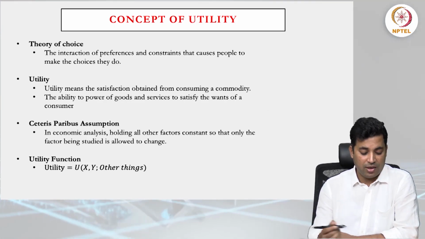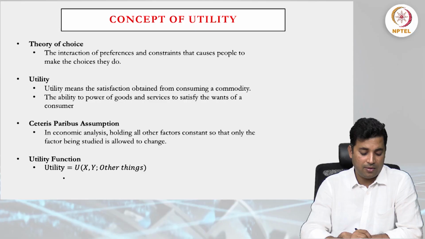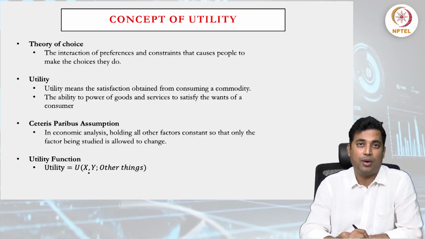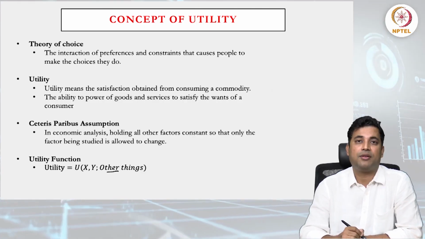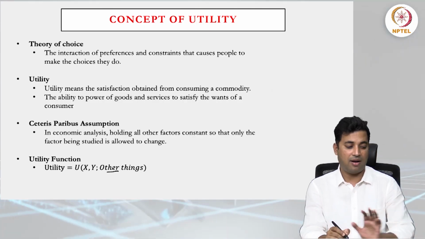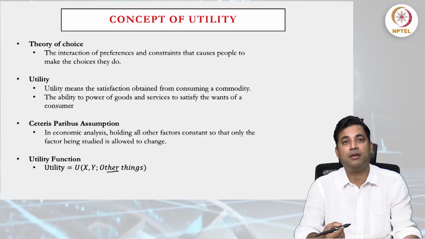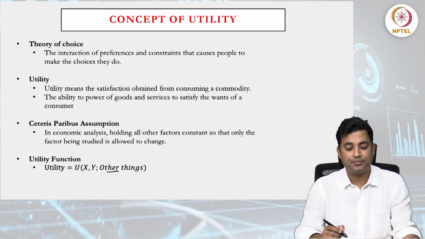In terms of an equation, we can write utility as a function: U is a function of X and Y, keeping all other factors constant or unchanged. This is how we can begin with the utility function.